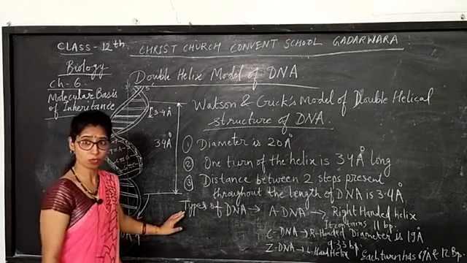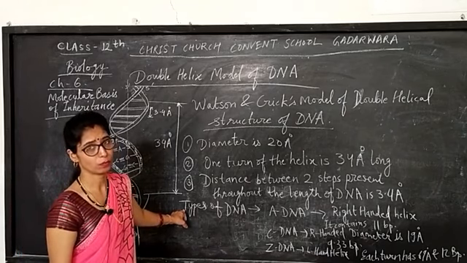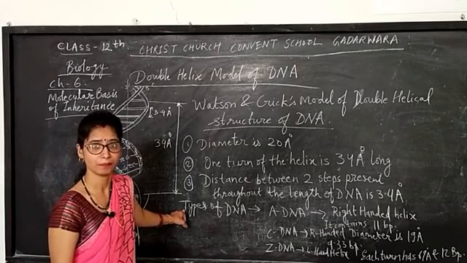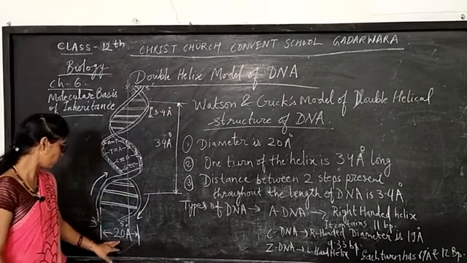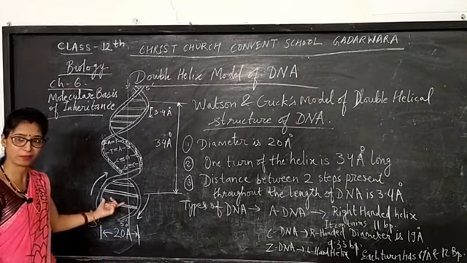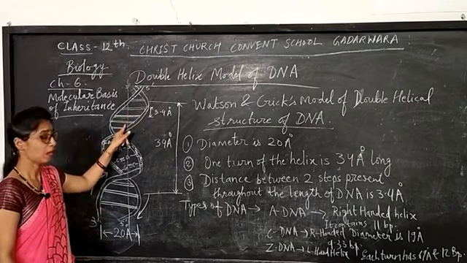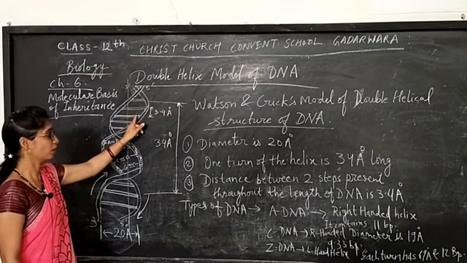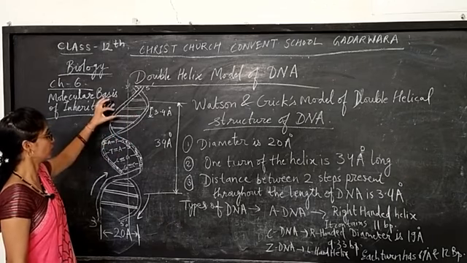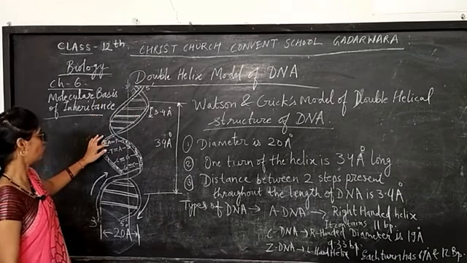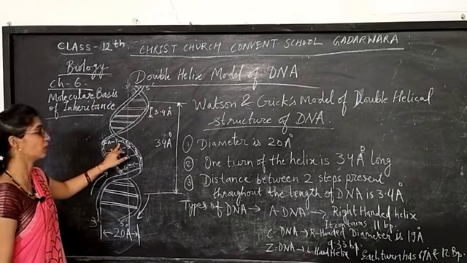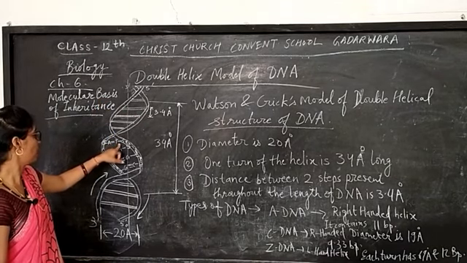1 angstrom is equal to 10 to the power minus 8 centimeter. So the diameter is 20 angstrom thick, and the steps are seen. What are these steps? These are the nitrogenous bases which are joined with the other nitrogenous base.